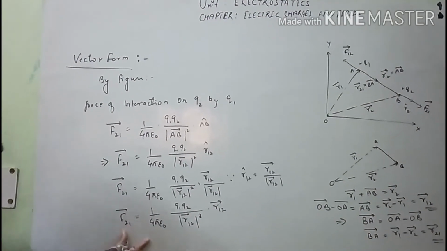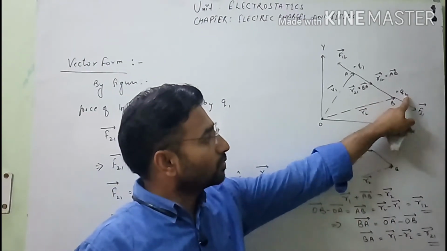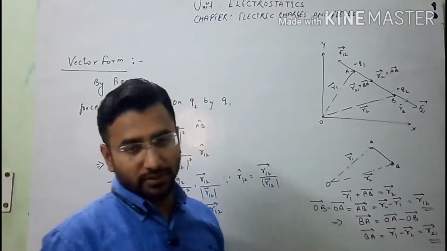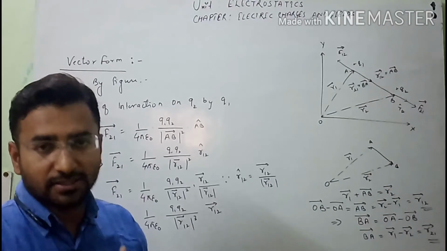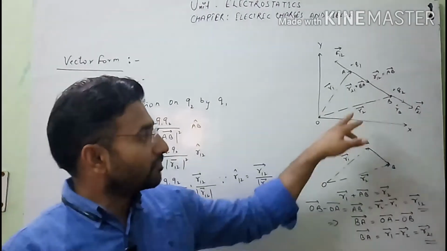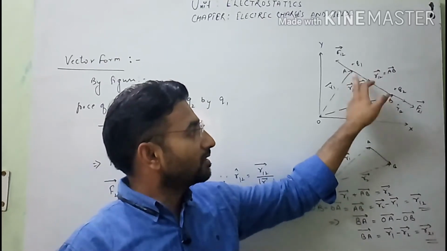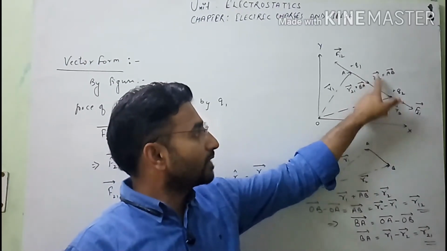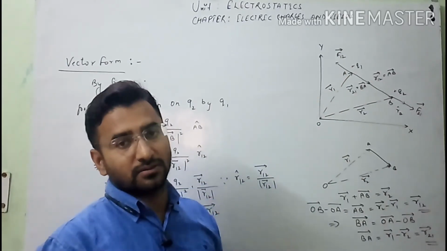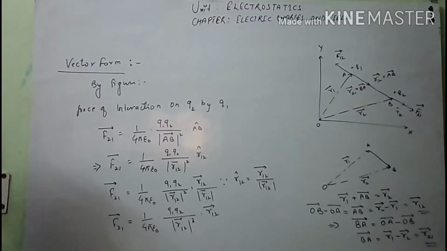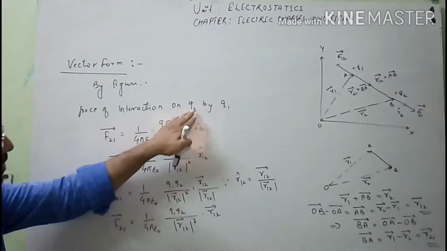This is the force of repulsion. This is the value of the force of repulsion on Q2 by the charge Q1, separated at distance R12. In the form of a vector, I will use this distance AB, the R12 vector in the first case and the R21 vector in the second case. Clear, student? So this one is the formula, meaning the force of interaction by Q1 on Q2.